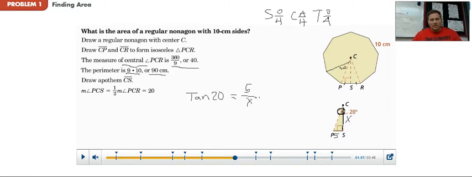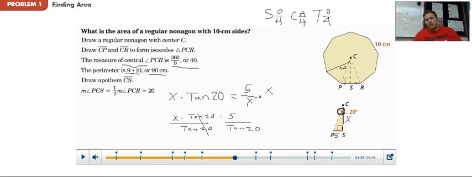And so now I just need to get this x all by itself. I've got to get it out of the denominator, so I'm going to multiply both sides by x. And so I get x times the tangent of 20 is going to equal 5. And then to get the x all by itself, I'm going to divide both sides by tangent 20.